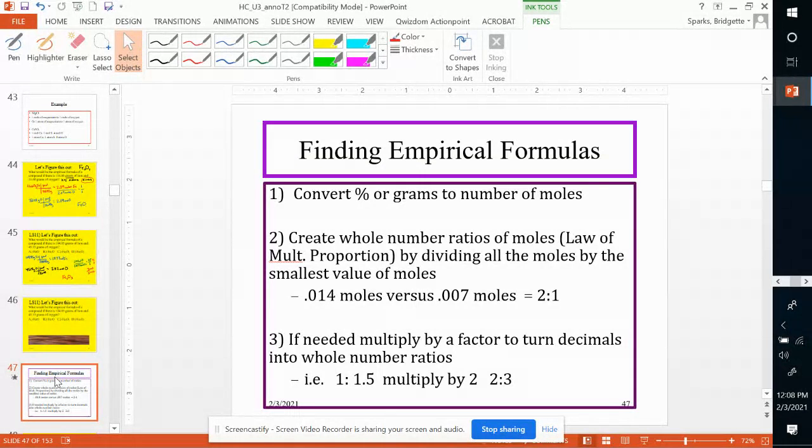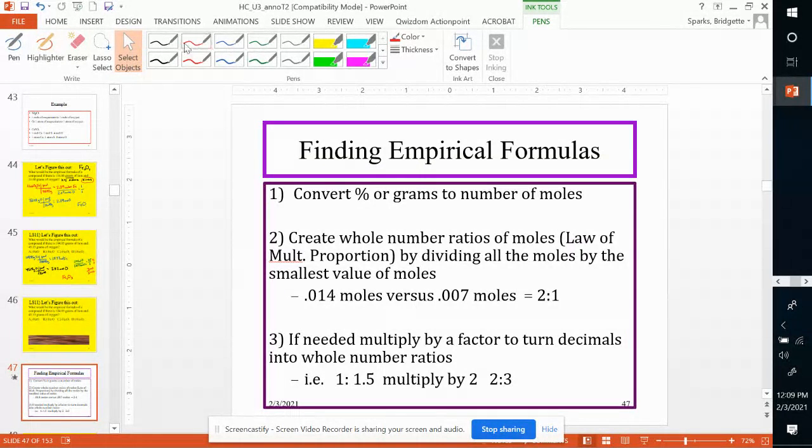So for instance, if I had 0.014 moles versus 0.007, if I divided 0.014 by 0.007, then I'd see that's a 2-to-1 ratio. Occasionally, when you simplify like that, you're not going to have a whole number ratio, like we just saw, where we got a 1 to 1.5. And then we have to multiply by a multiplier. In this case, that was 2, which allowed it to be whole numbers.